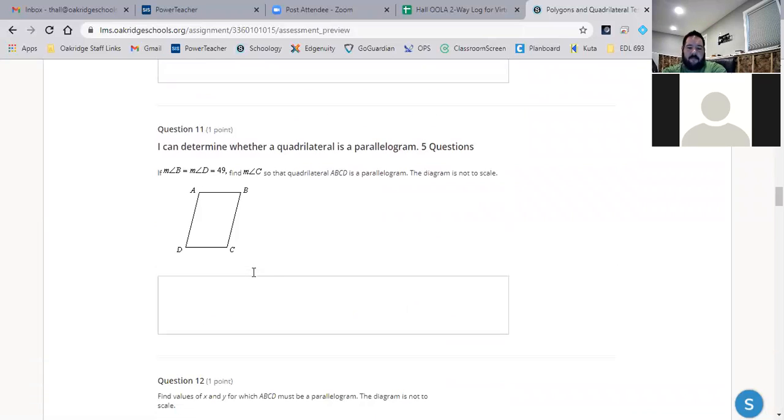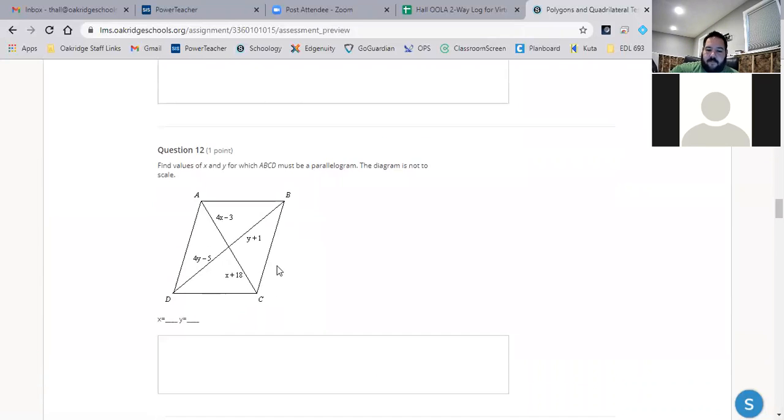Another one like that. Then we looked at determining if it's a parallelogram or not, which is basically using those properties again and maybe finding an angle that fits with it, or finding a value of x that fits with making it a parallelogram.